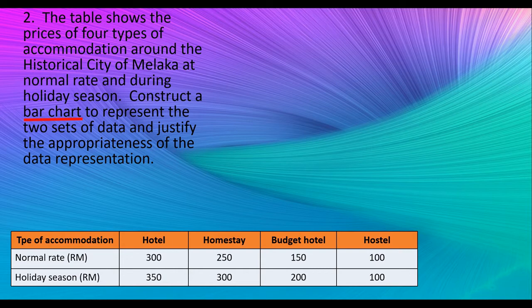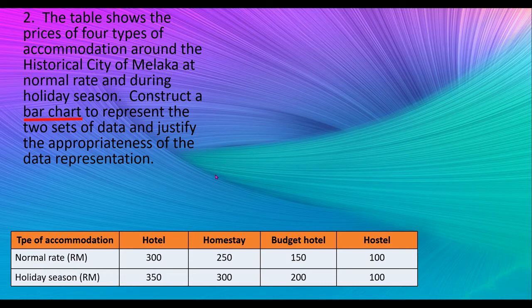So this frequency table is different from question number 1 because besides the title, they have 4 categories: hotel, homestay, budget hotel, and also the hostel. And then they have 2 categories in each group, which means the normal rate and the holiday season.